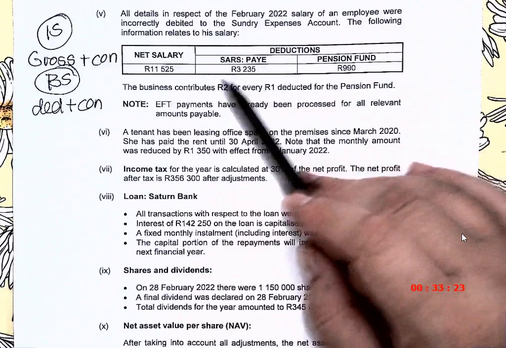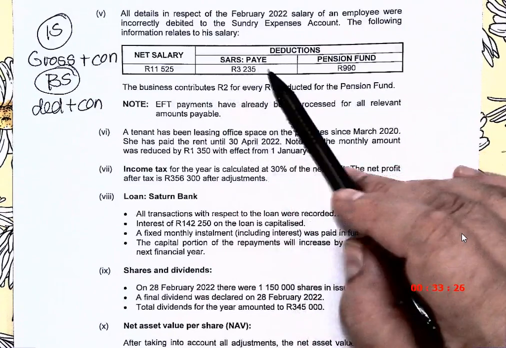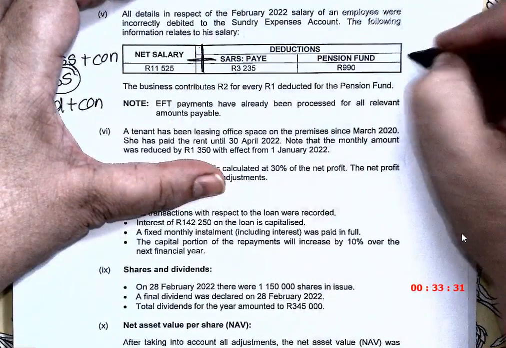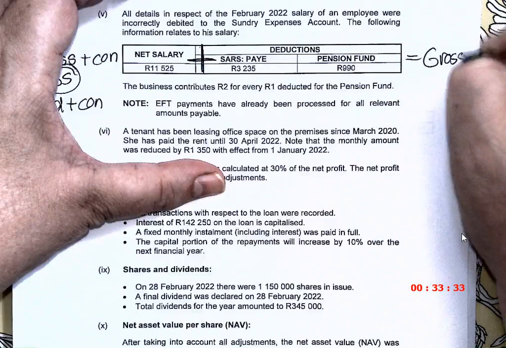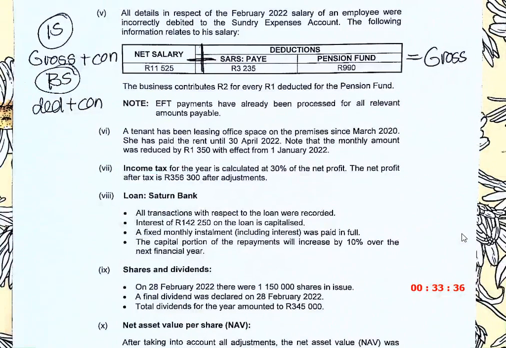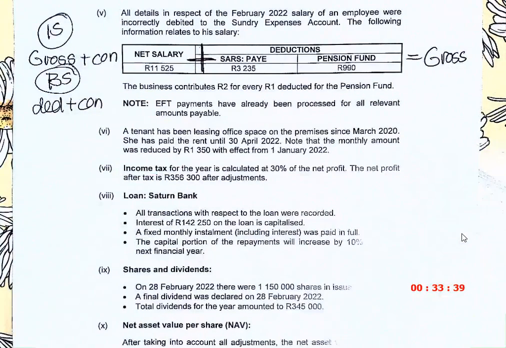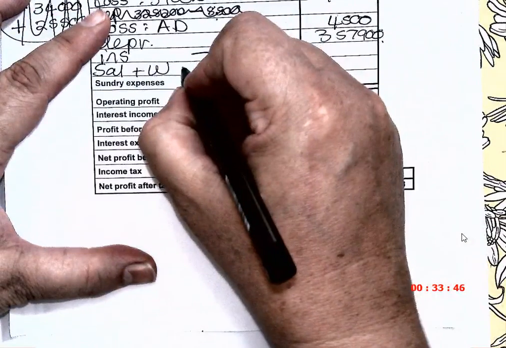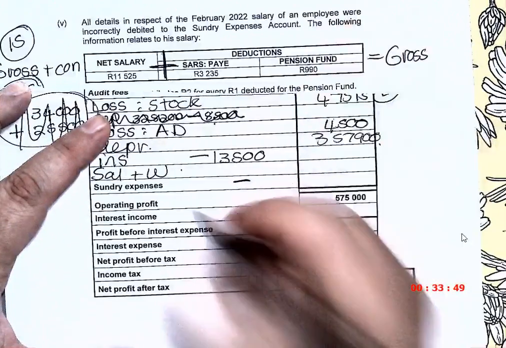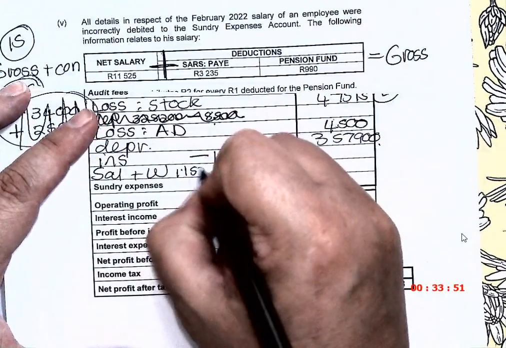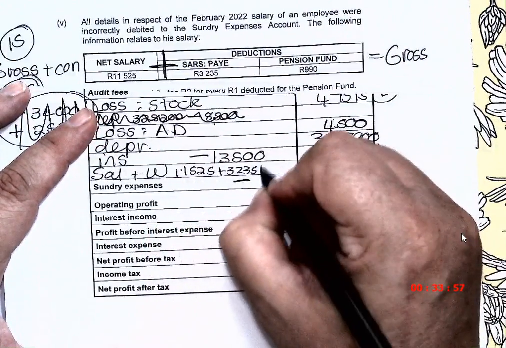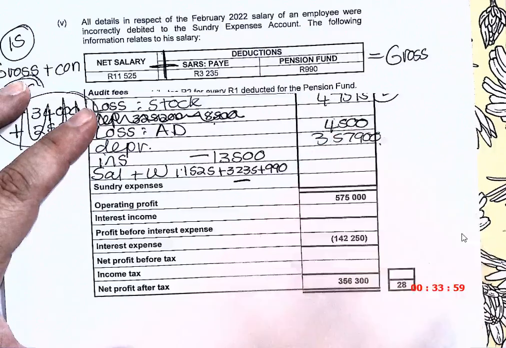So first of all, they say I have a net salary and I have deductions. Now I know net plus deductions gives me gross. So if I go into my thingamajig here, I'm going to say, let me just fold it, 11,525 plus 3,235 plus 990.